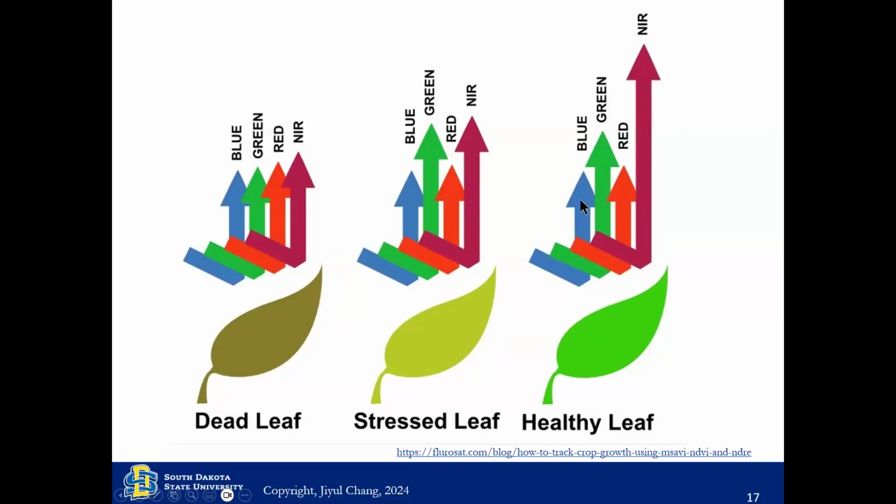That means the human eye cannot detect the stressed leaf easily, because the human eye can detect only blue, green, red, and the reflectance patterns of stressed and healthy leaves are almost the same there. But when you use a near infrared sensor, the reflectance of the stressed leaf and healthy leaf are very different. So that's why NDVI maps can identify stressed plants very easily.